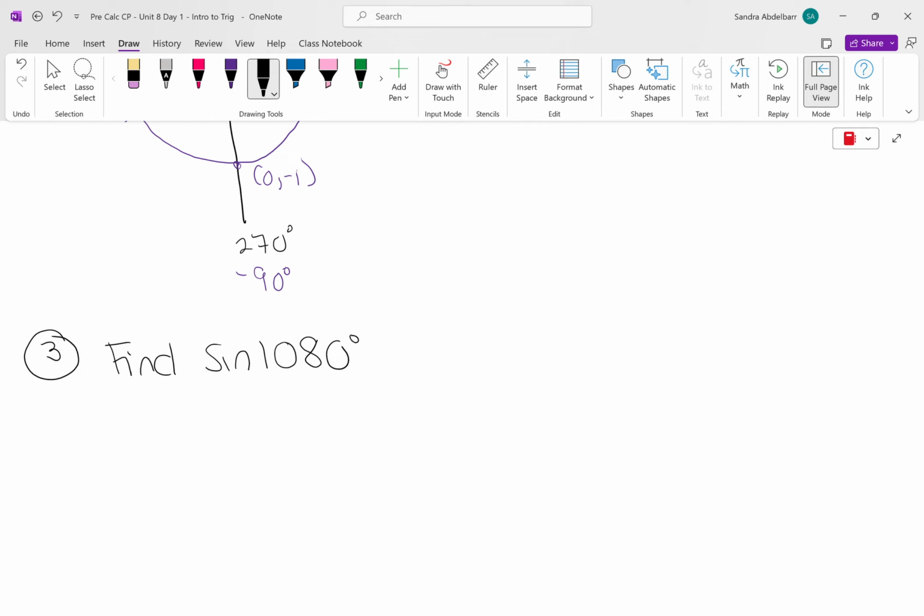All right, I don't want to work with 1080, so I'm going to find the coterminal angle that's the same as 1080. So we're going to keep subtracting 360 until we get to our smallest angle possible without going negative. So I have 720.